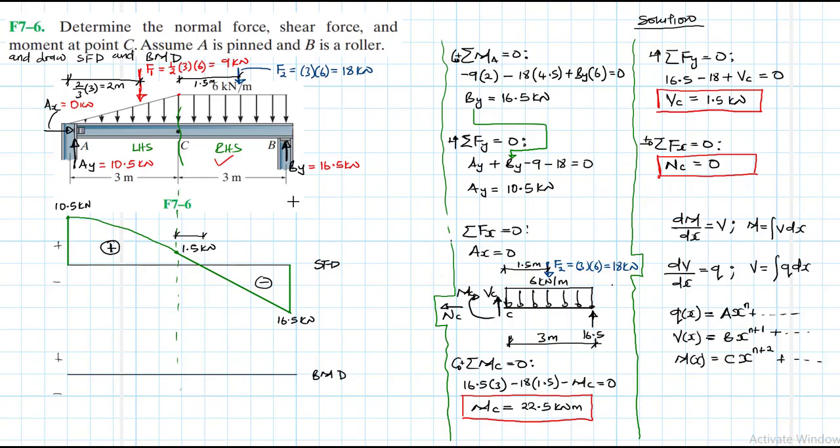We are just going to use similarities of triangles. So let's say we have 1.5 plus 16.5 divided by the length, which is 3.